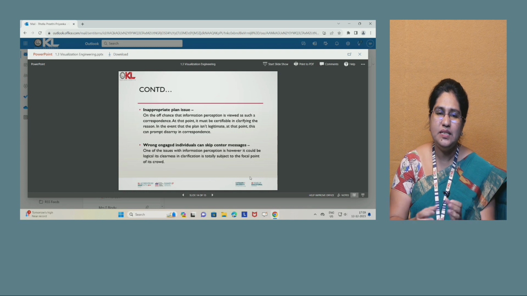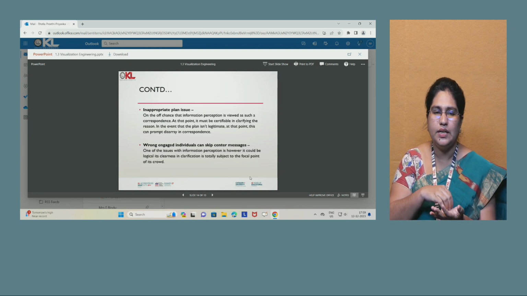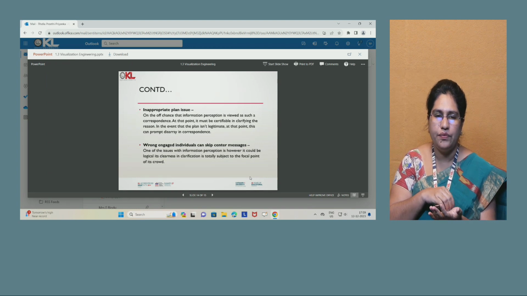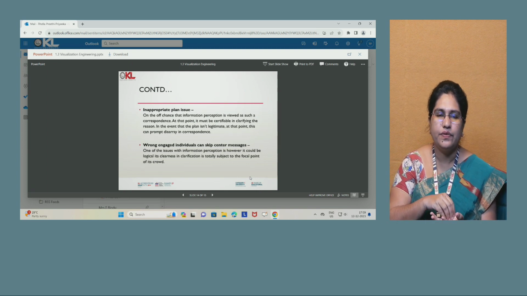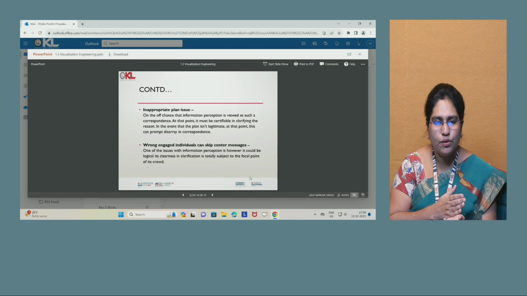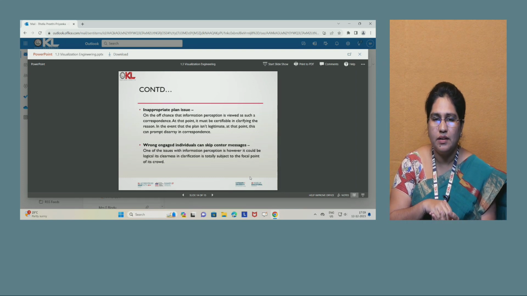If you place a person who is not fit for the role, say you want a .NET developer but you place a front-end developer in that requirement, you cannot get that particular output.